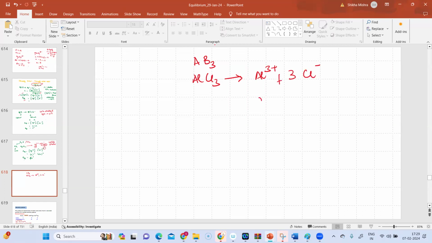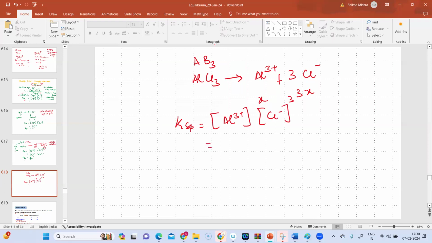Concentration of this will be X, assuming we are taking the same benchmark, that X is the degree of solubility, and this will be 3X. The expression for Ksp will be the concentration of aluminum ion and concentration of chloride ion to the power 3, as I have explained in the earlier slide also, right?